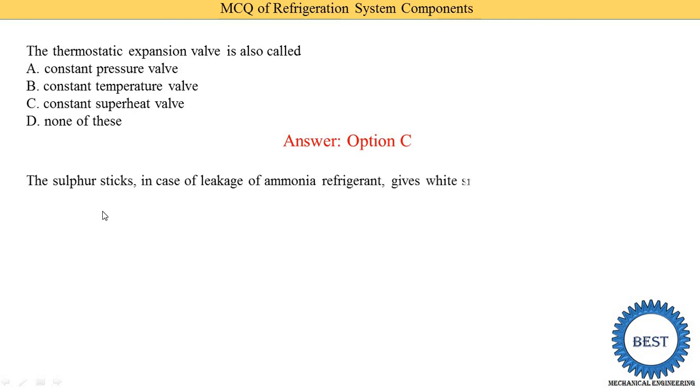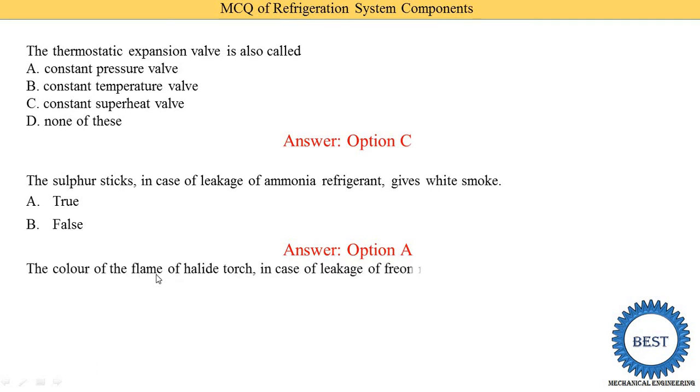The sulfur stick in case of leakage of ammonia refrigerant gives white smoke. True or false? Option A means the given sentence is correct. The sulfur stick gives white smoke when there is an ammonia leakage. The color of the flame of the halide torch in case of leakage of freon refrigerant will change to what? Here the freon group comes, at that time we use the halide torch.